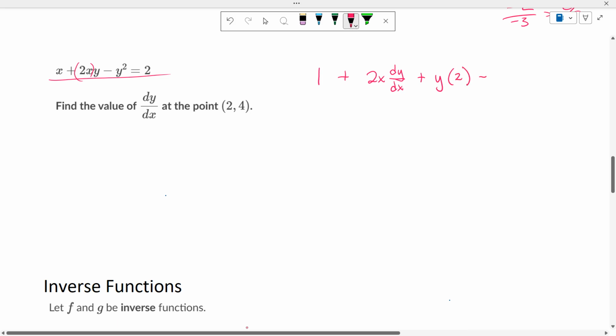Minus the first derivative of 2y squared. 2y dy/dx. And the first derivative of 2 is 0.